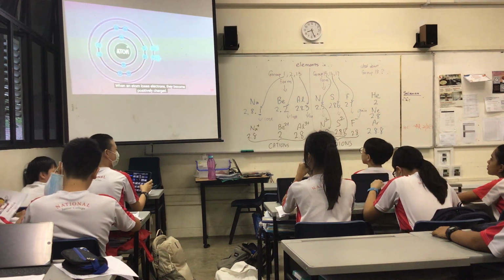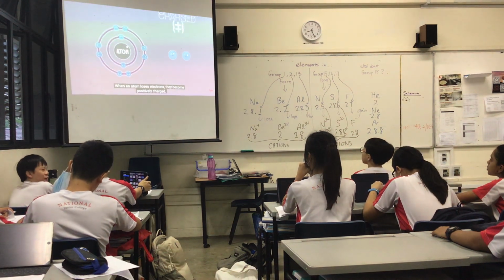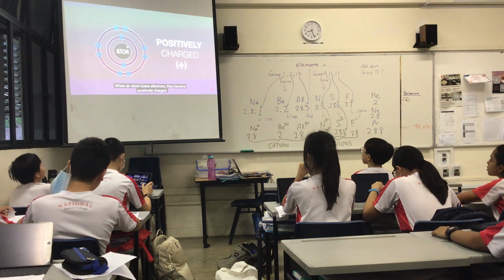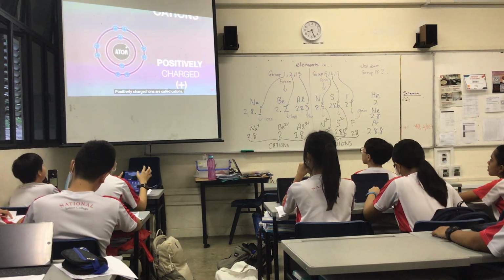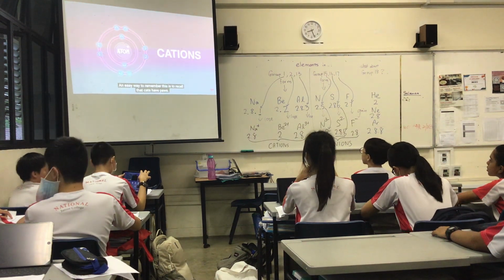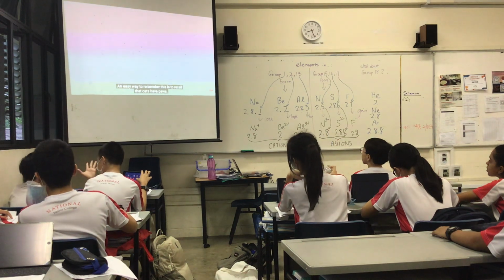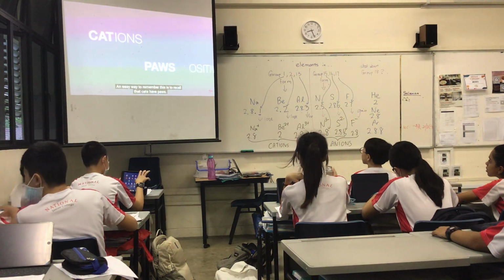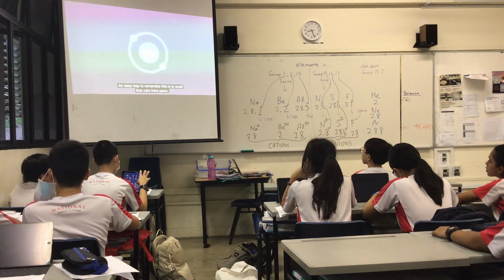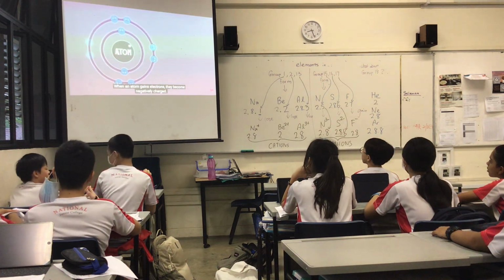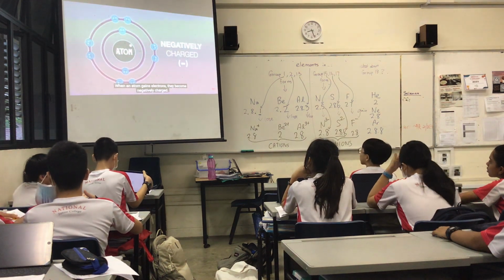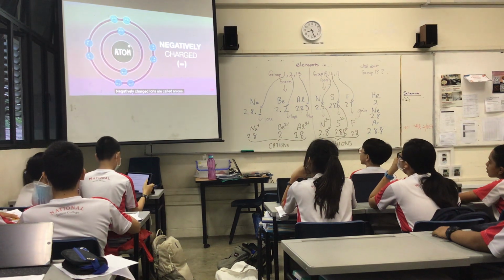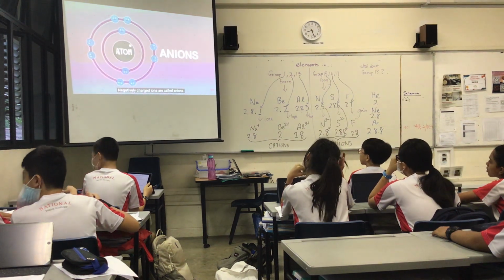When an atom loses electrons, they become positively charged. Positively charged ions are called cations. Easy way to remember this is to recall that cats have paws. When an atom gains electrons, they become negatively charged. Negatively charged ions are called anions.